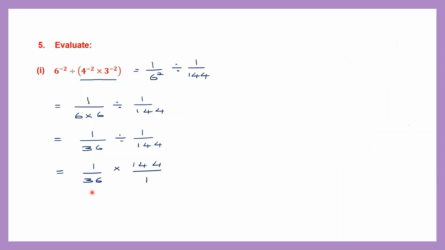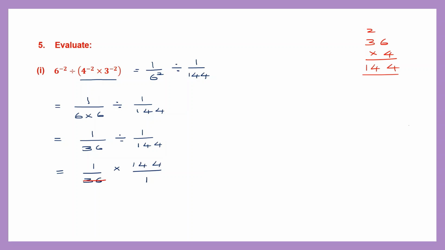So now let's see what we can cancel. So we can cancel 36 and 144. So 36 into something will give us 144. Let's find out. Let's try 36 into 4. 4 6s are 24, carry 2. 4 3s are 12, 13, 14. See, we've got 144.